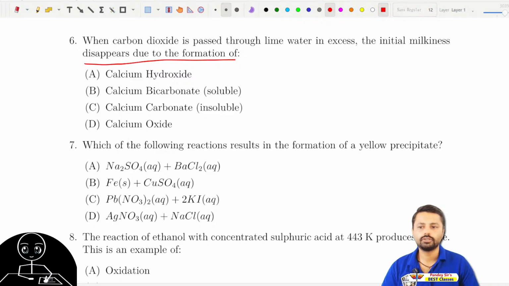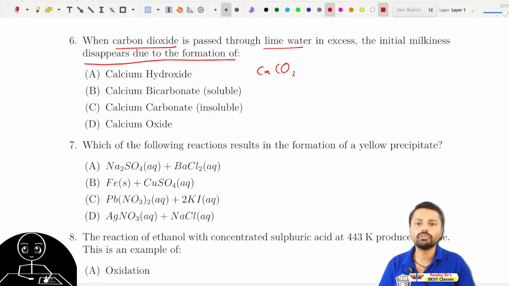So if CaO is quicklime, lime water should be calcium carbonate, CaCO3. Lime water here is not that lemon one, so don't get confused with that.